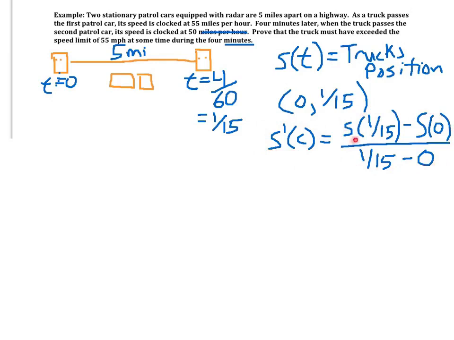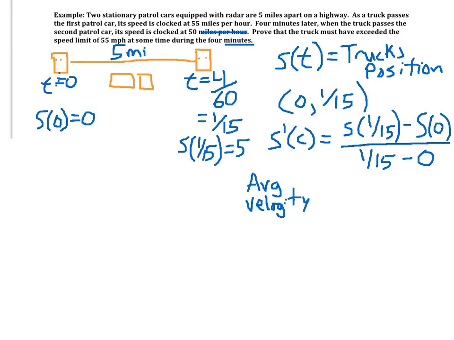Now you can probably see this as the average rate of change. So this is going to be how far the truck traveled over how long it took the truck. So that's our average velocity right there. So let's go ahead and find that. So we know s of 0 is going to equal 0 because he hasn't traveled anywhere. And we're going to know s of 1 over 15 is going to equal 5 miles.